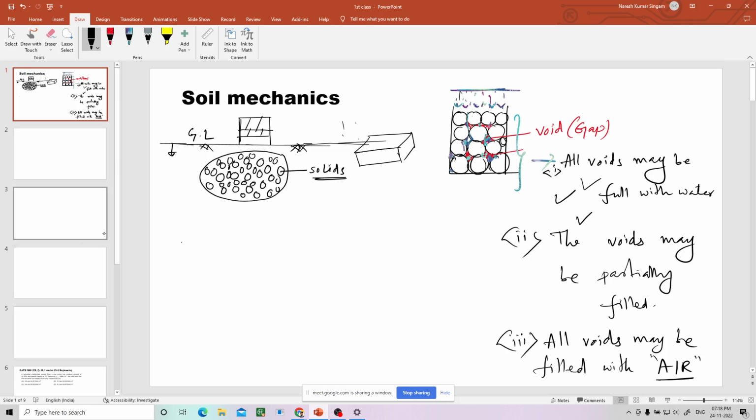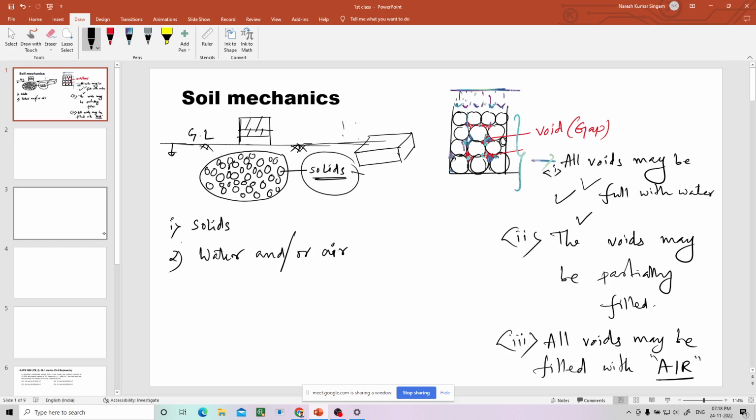Like this, I'm talking only about the voids. There is always solid present in the soil mass. If you take any mass without solid particles, you cannot say it is a soil mass. So one is solids, and the second is water and or air.